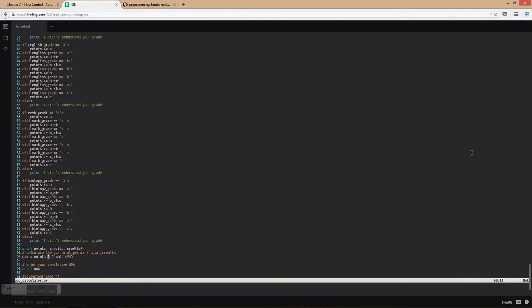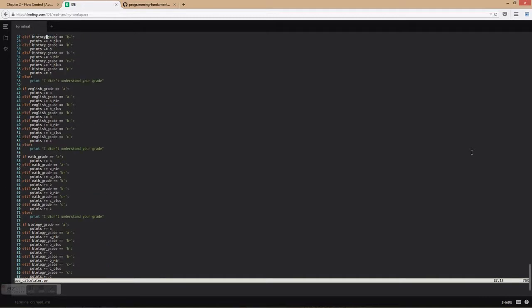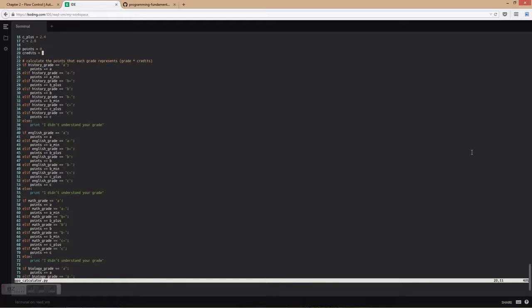So I believe that the correct calculation would be, the way that we add all these up is we actually multiply our grade by the credit. So what this would do is we'd multiply by credits. So that's how we do that.